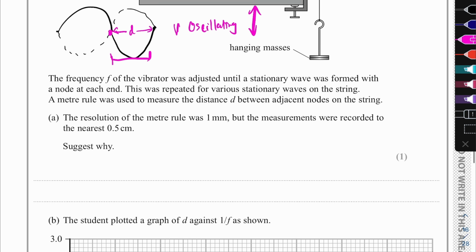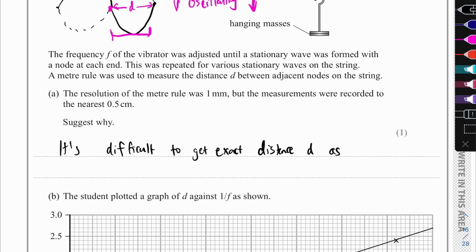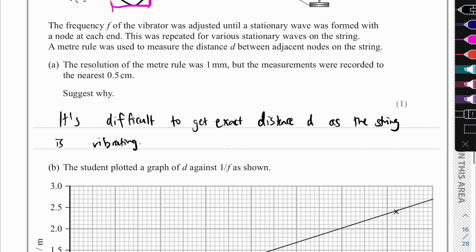So all we can say is it's difficult to get the exact distance d as the string is vibrating. All right, so that's our 1 mark.